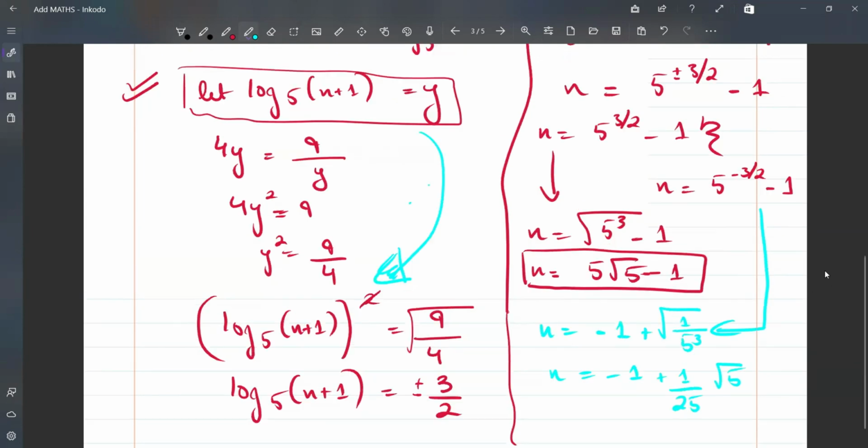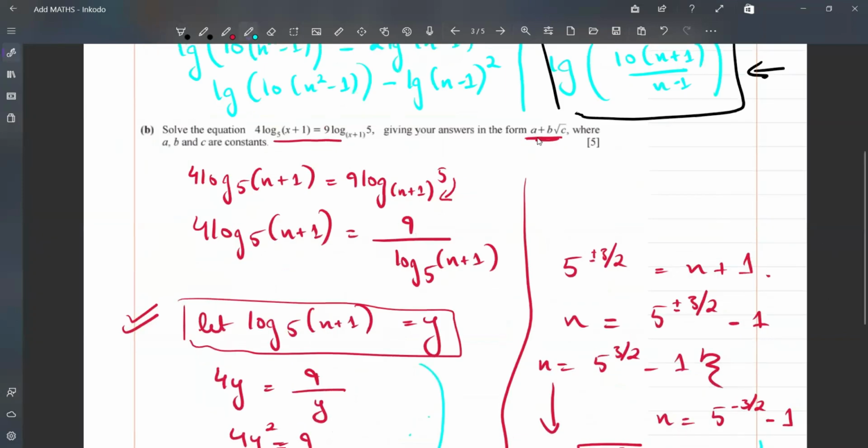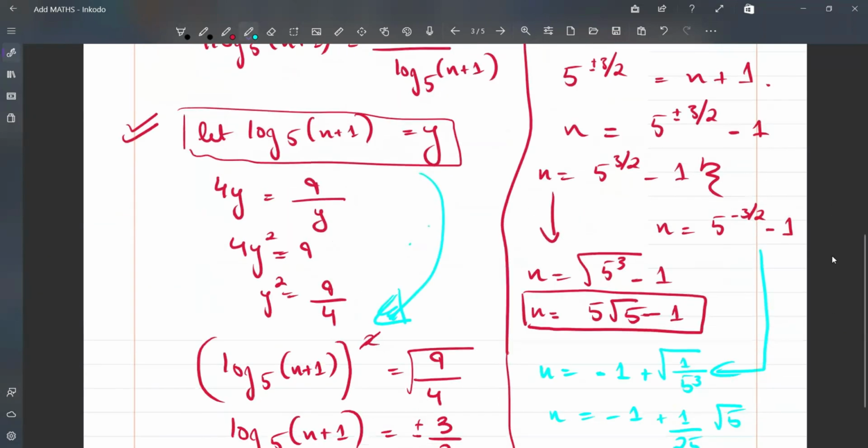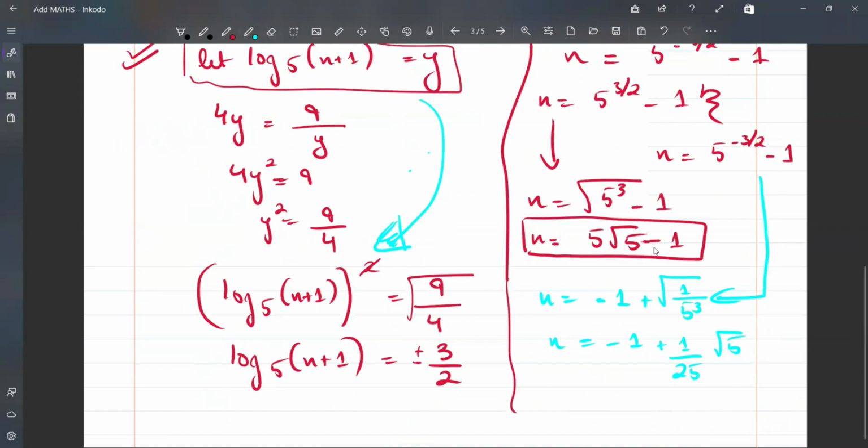And one more thing, since the question requires us to give the answer in this form, we'll also leave this one in the same form. So that would be minus 1 plus 5 under root 5 and this. So that's it. That's our answer.